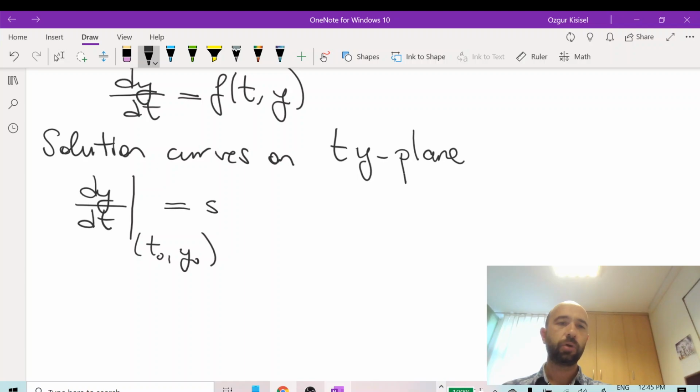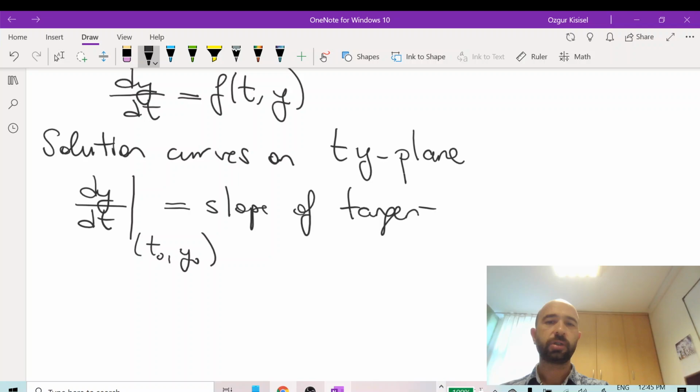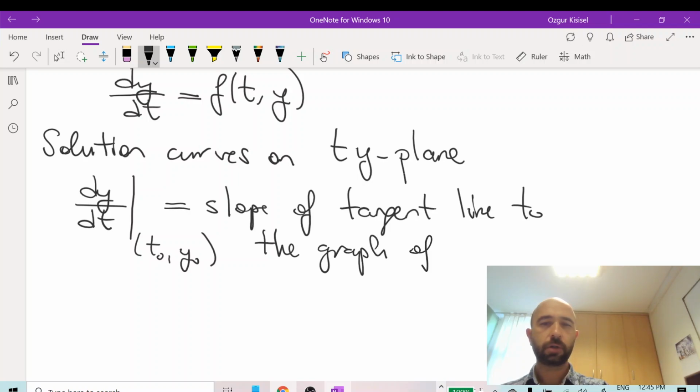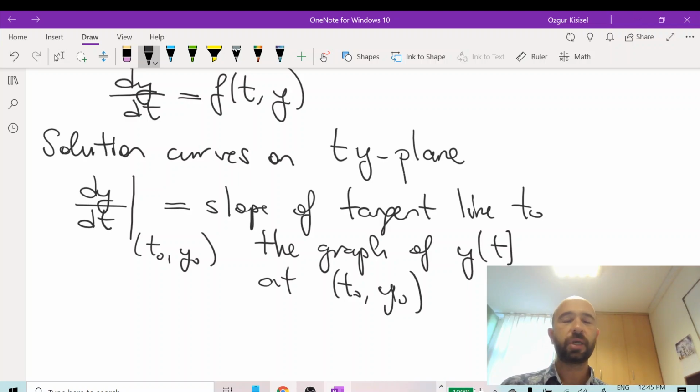This is equal to the slope of the tangent line to the graph of the function y(t) at the relevant point, right? I mean, I need to write a little bit of words here, but it's a slope. It's the slope of a tangent to what? To the function that you're looking at, right? So the graph of the function, that's the geometric meaning of derivative.